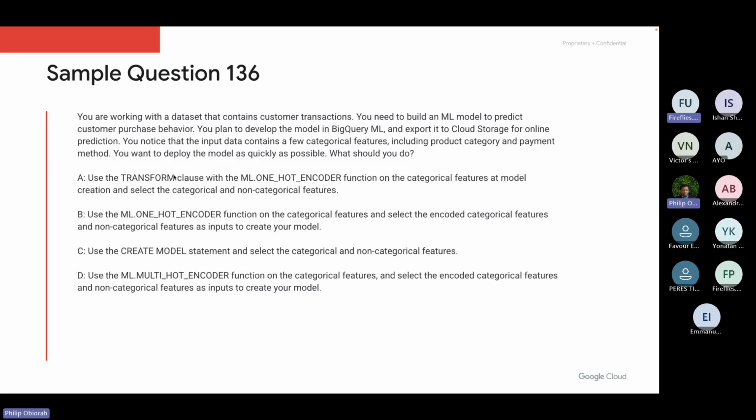When you see transform, remember you want to store the model in Cloud Storage, outside of BigQuery. So option A is correct because transform makes encoding automatic. Good. Awesome. Correct. You got it, Ishan. Well done.